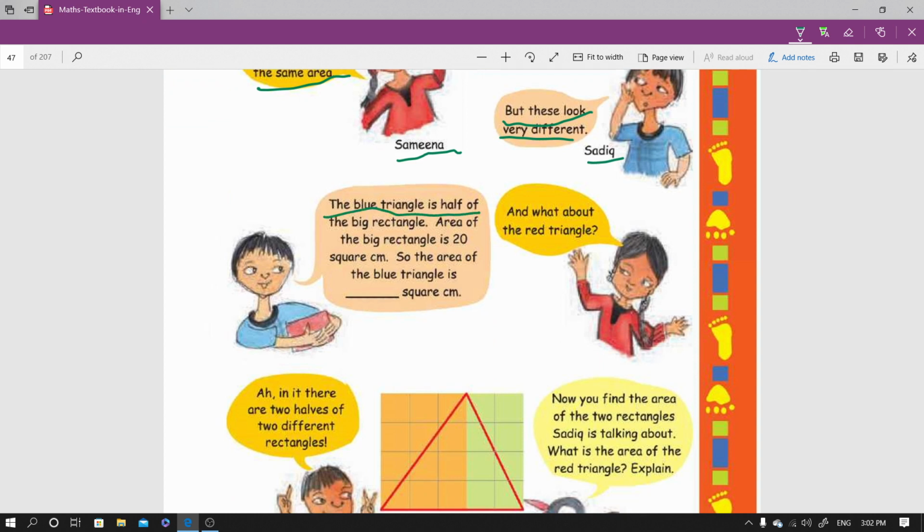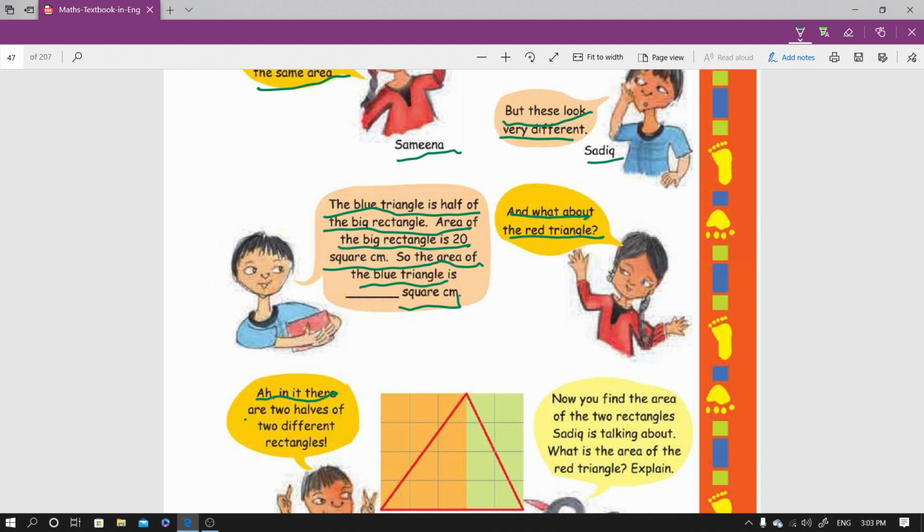The blue triangle is half the big rectangle. The area of the big rectangle is 20 square centimeters, so the area of the blue triangle is blank square cm. And what about the red triangle?